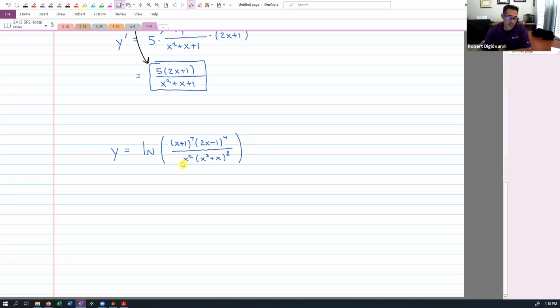Okay, so you look at this and you're like, wow. It looks like a disaster, because think about what you'd have to do. You have natural log of something, so the derivative would be 1 over all of this, multiplied by the derivative of what's inside, which is a quotient rule.